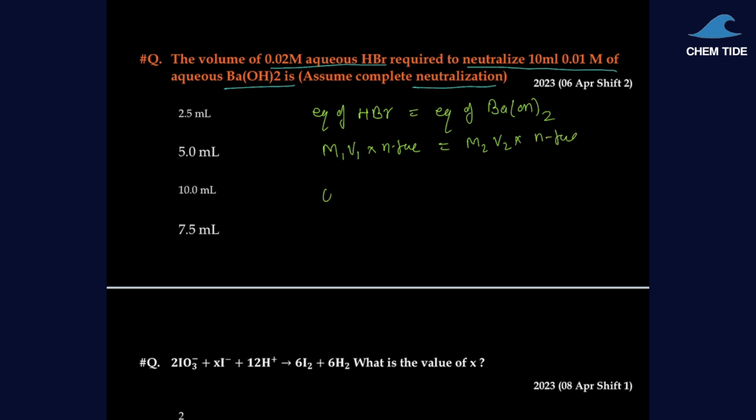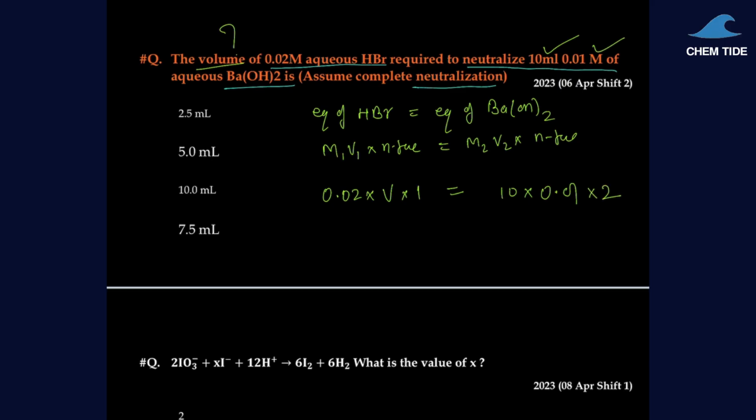So here molarity is given 0.02. Volume is missing. N factor of HBr is 1 because 1 hydrogen is out. And here the 10 ml. Okay, volume is 10. Molarity is given 0.01. This is the molarity. And N factor 2 because 2 OH is out.